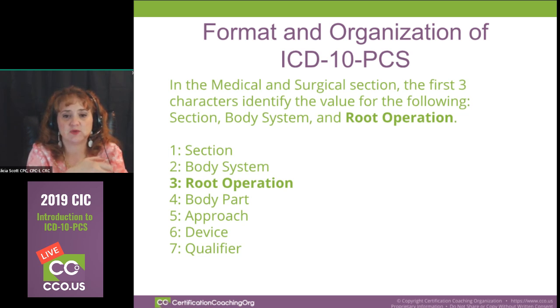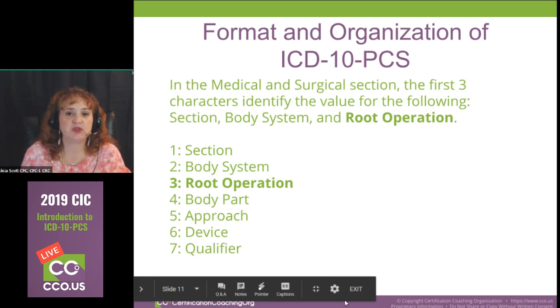And then the seventh character would be qualifier. Is there any special tracking that we need to do with this particular code? So there's your 7 characters. And if the 6th and 7th characters are not definable, we would just place an X, because we know X is our placeholder.